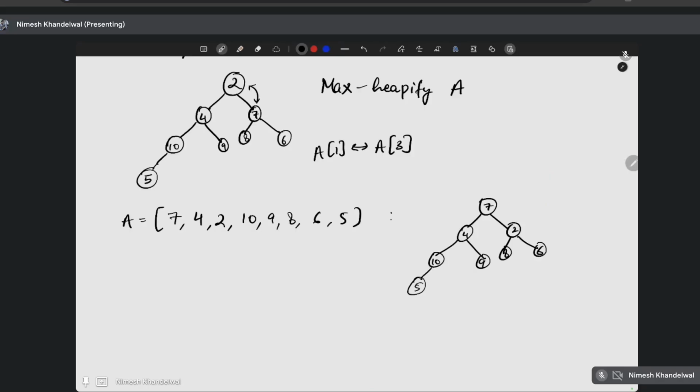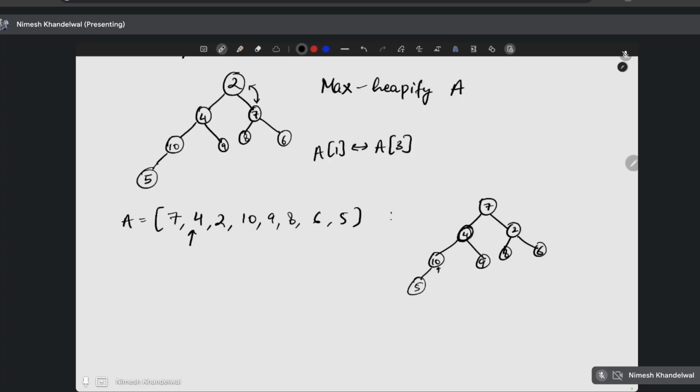And then we come to the next element, 4. Right, so 4 again does not follow the max heap property. So we swap 4 with the biggest child between the two, that is 10.